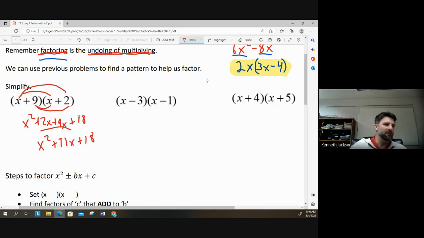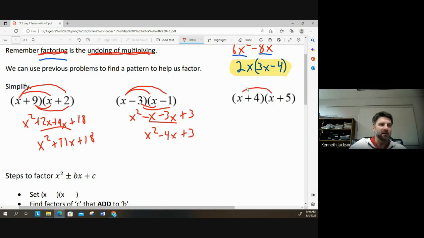So let's put all of these together, and then we'll talk about what we have in these quadratic polynomials. x times x is x squared. x times negative 1 is minus x. Negative 3 times x is minus 3x. And negative 3 times negative 1 is positive 3. Combine like terms, x squared minus 4x plus 3.